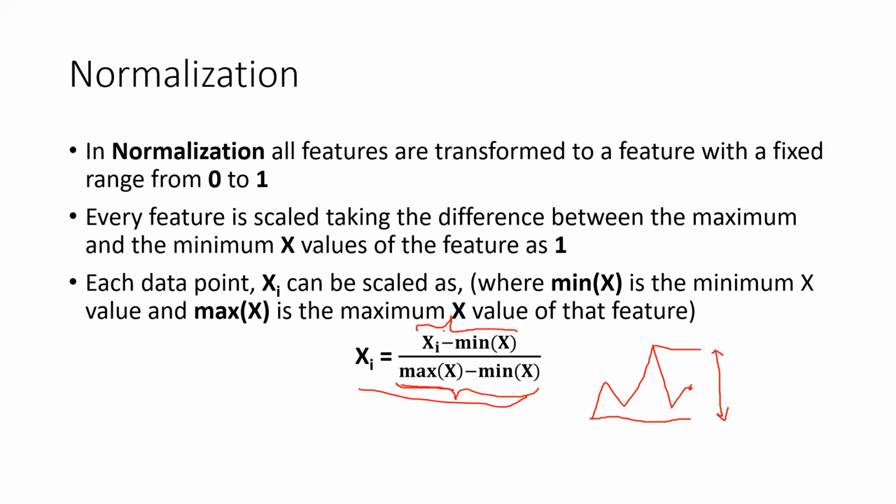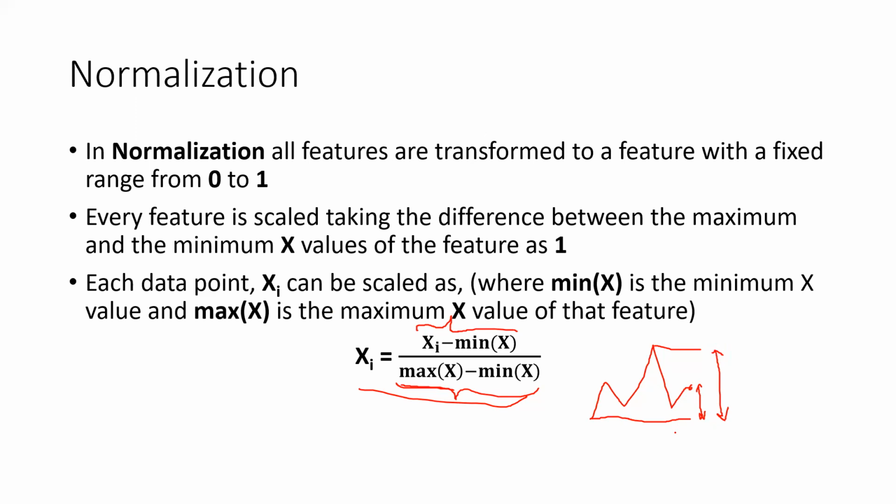And x minus x min is the difference between the minimum and the x value that we want to scale. What we do is divide this value by this value. That is what we do in normalization.